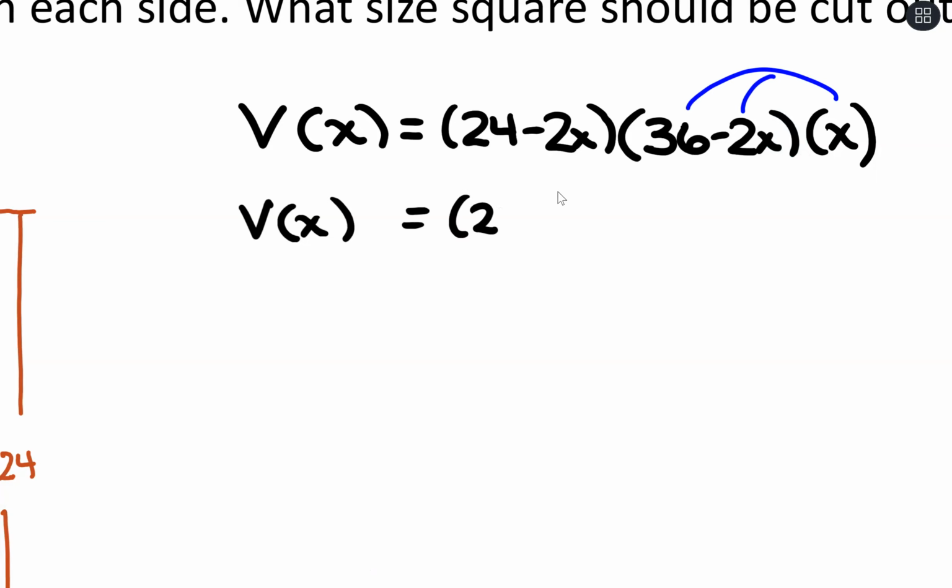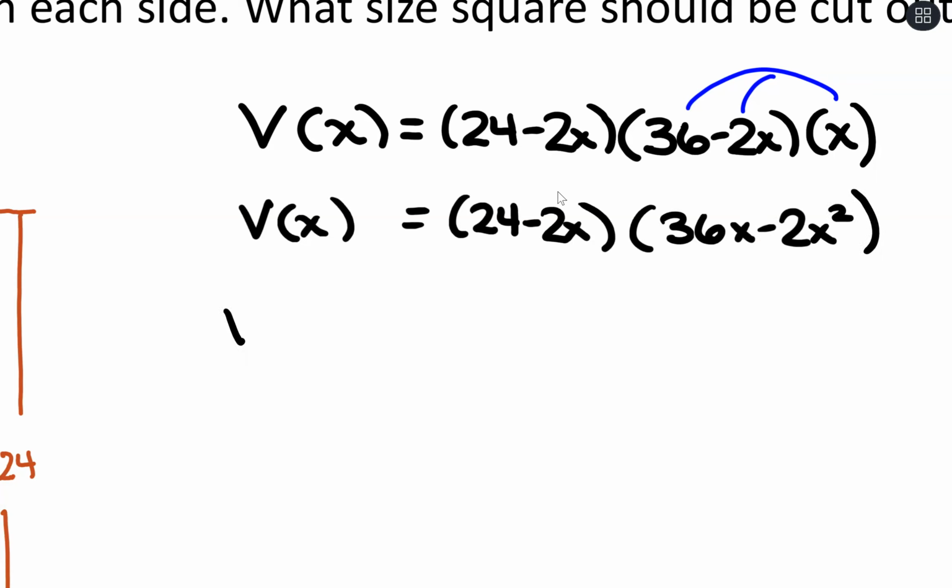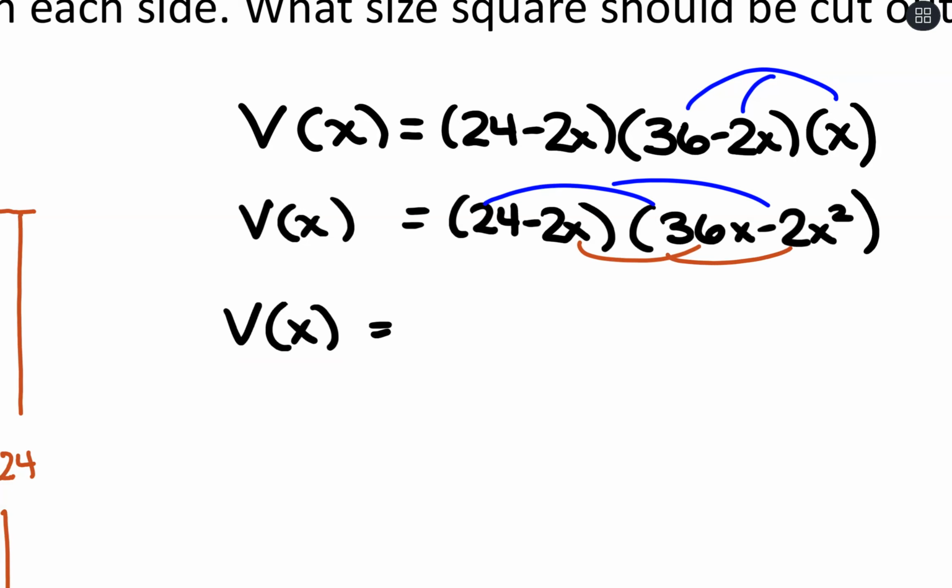So we'll have 24 minus 2x, times 36x minus 2x squared. And then I'm going to FOIL. So let's see, 24 times 36 will have 864.